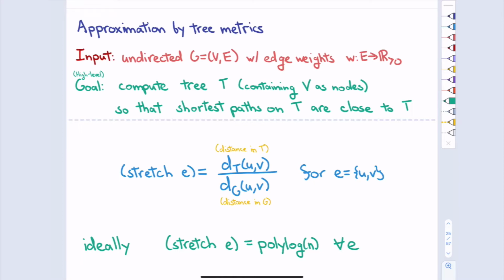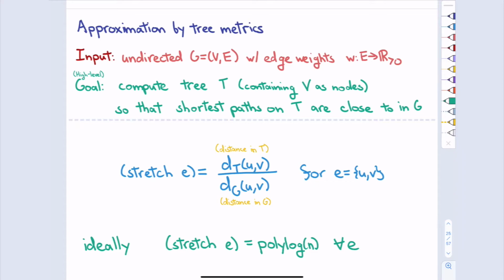But you're given an undirected graph with edge weights for whatever problem you're interested in. And we're going to try to compute some kind of tree T that includes the original vertex set amongst the nodes, so that the shortest paths on T are close to the shortest paths in G.